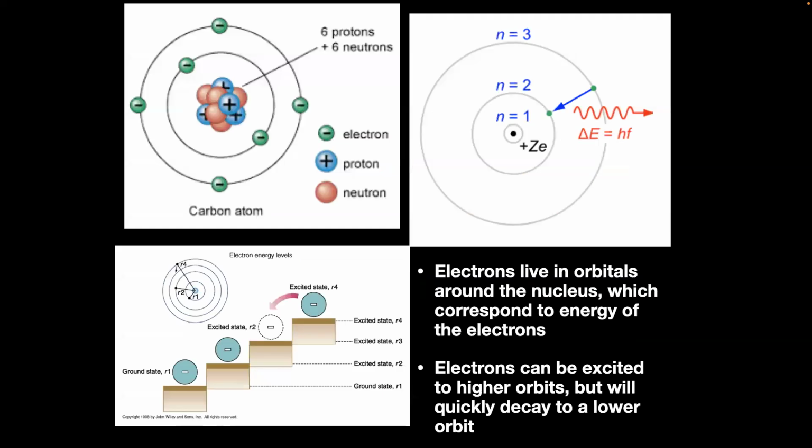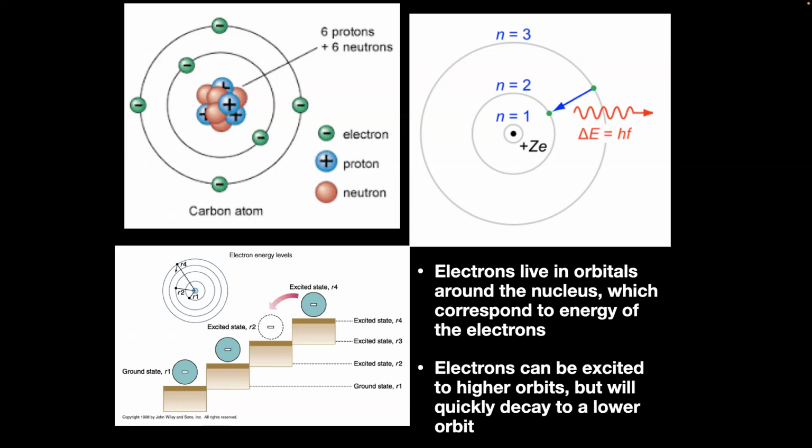Atoms consist of a nucleus with at least one proton and most of the time some neutrons as well, though not all the time. This nucleus is orbited by what we call an electron cloud. Orbits correspond to the energy of the electrons. Electrons can be excited into higher orbits. Higher orbits require higher energy, but those electrons really like to be in a lower energy level if possible.